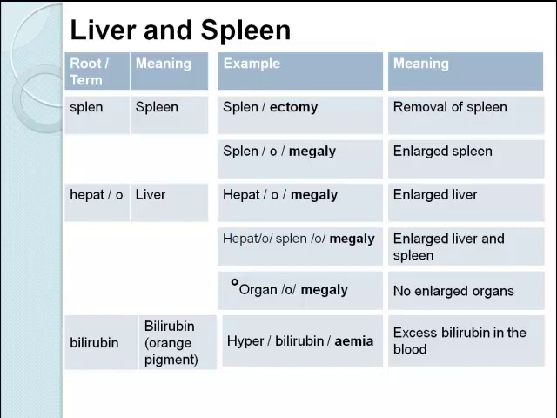If I have too much bilirubin in my blood, and this bilirubin is an orange pigment, well, I'm going to look quite orangey coloured. And there is a term for this. It's called jaundice. Jaundice actually means yellow. So if you have hyperbilirubinemia, excess amounts of bilirubin in your blood, you will be jaundiced. You will look yellow.